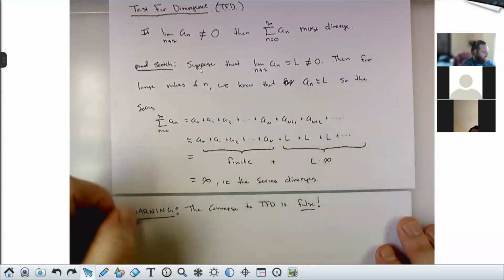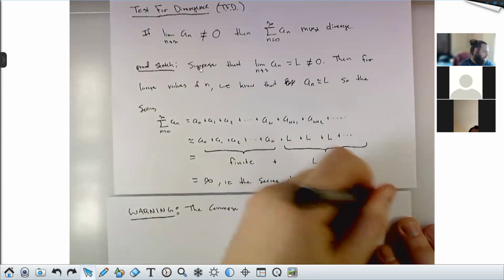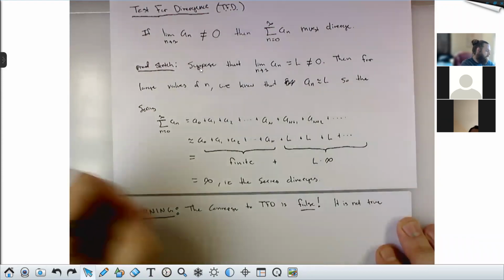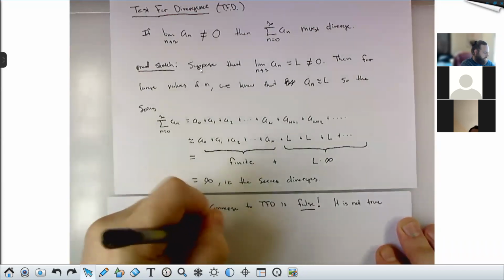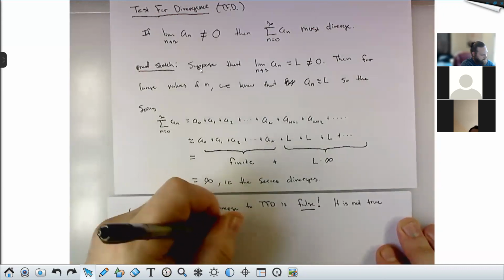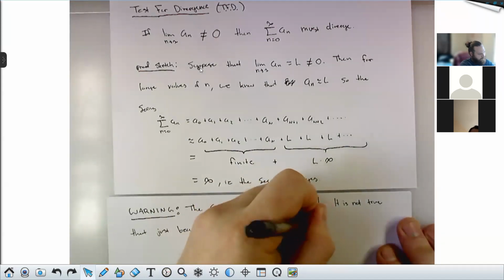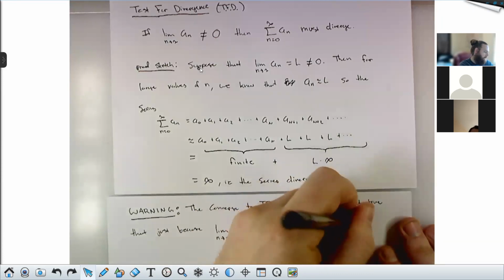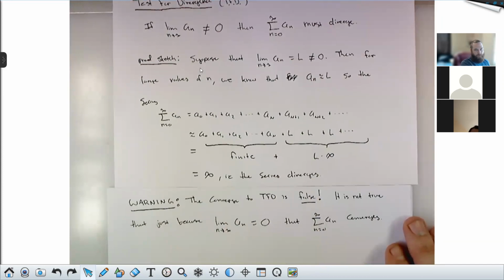In other words, it is not true that just because the limit as n goes to infinity of an is 0, that sigma n from 0 or wherever to infinity of an converges. There are many, many series where the limit of the an is 0, and that series still diverges.